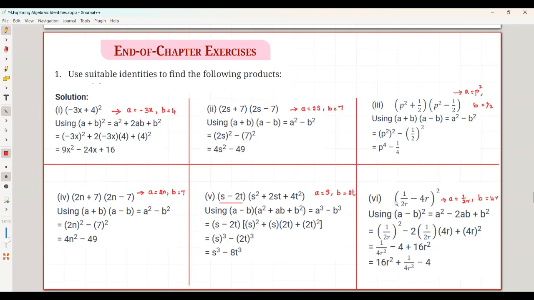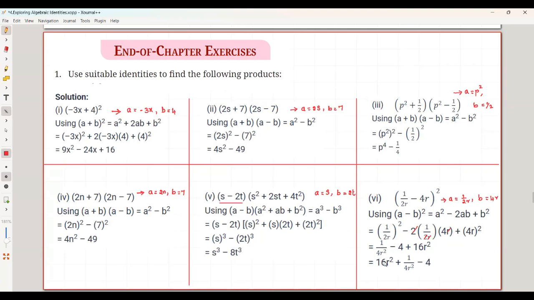Just replace: (a - b) the whole square means a square minus 2ab plus b square. Simplify it. 1 square is 1 only, 2 square is 4, r square, minus. Now here this 2 will get cancelled, balance 4, and r also gets cancelled. Only balance 4. Plus 4 square is 16, r square is r square.